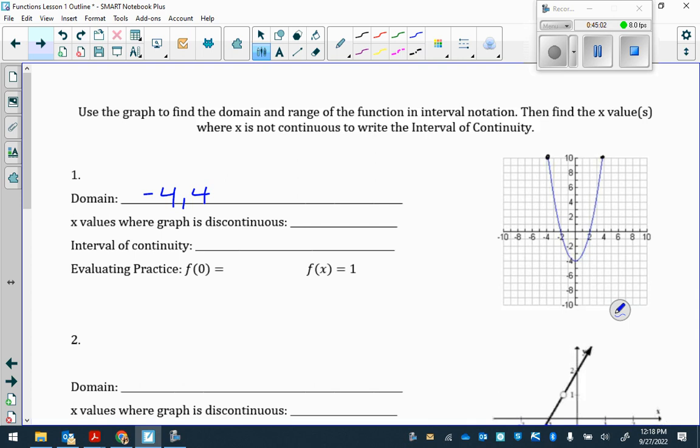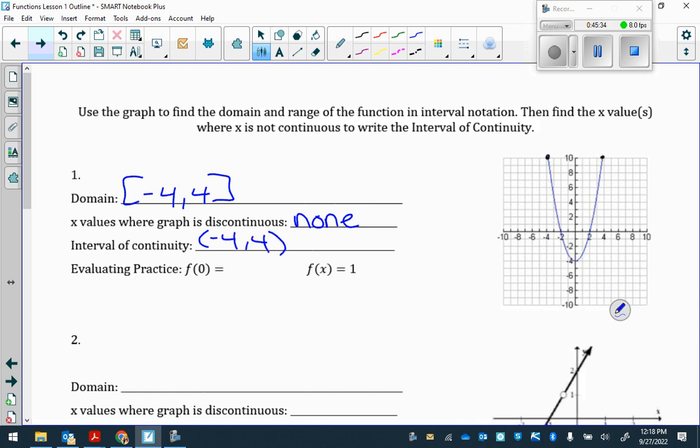And what am I going to have? Brackets. X values where the graph is discontinuous. None. Good. So what would the interval of continuity be? It could be the same as what the domain is. It's still your x values. Good. -4, 4 with parentheses.